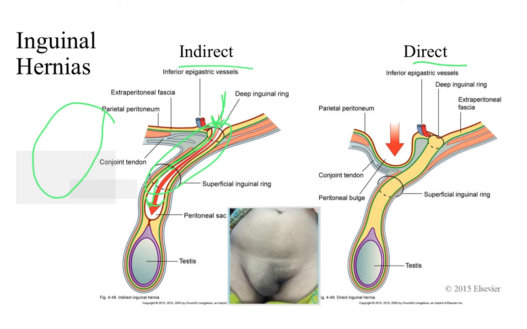Direct inguinal hernias, on the other hand, do not go through the canal. They are going to be pushed through the abdominal wall medially to the inguinal canal.